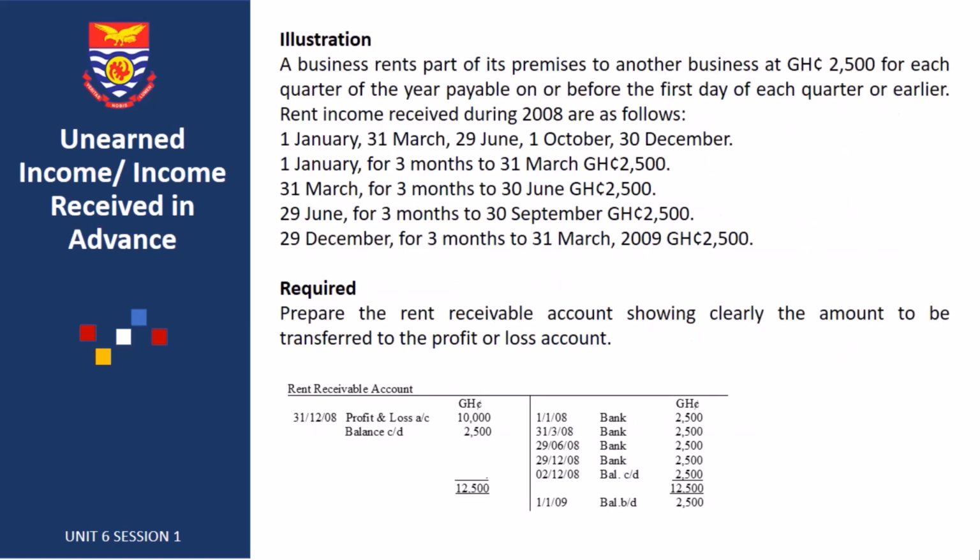A business rents part of its premises to another business at 2,500 for each quarter of the year payable on or before the first day of each quarter or earlier.